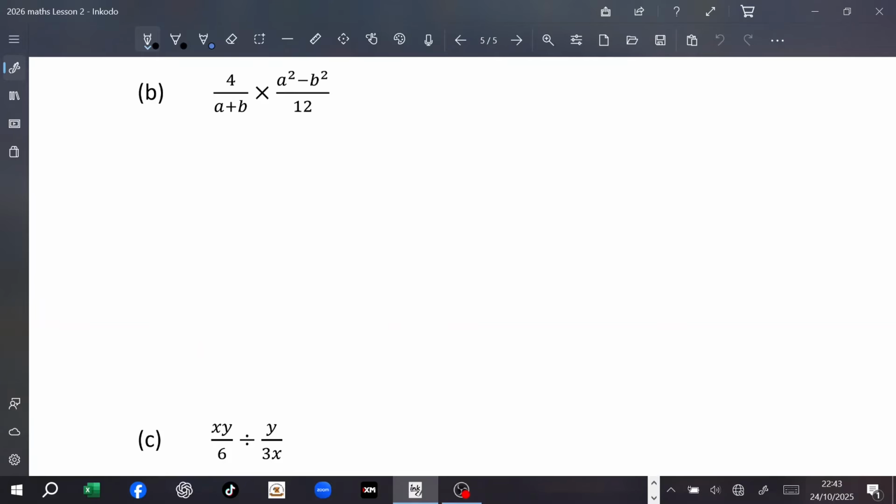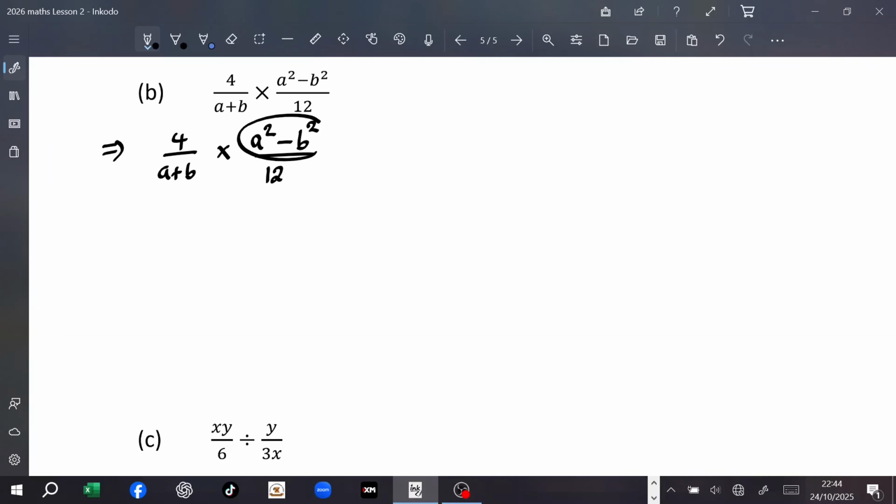Okay, so this one, again, there's multiplication. So you say 4 over a plus b times a squared minus b squared over 12.